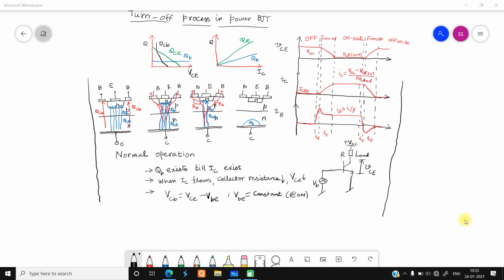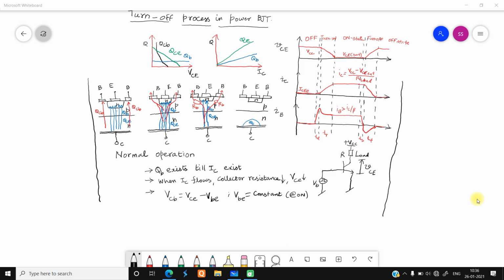Hello all. So in this video we are going to see about the turn-off process in Power BJT. In normal BJT, the turn-off process is similar to that of Power BJT.